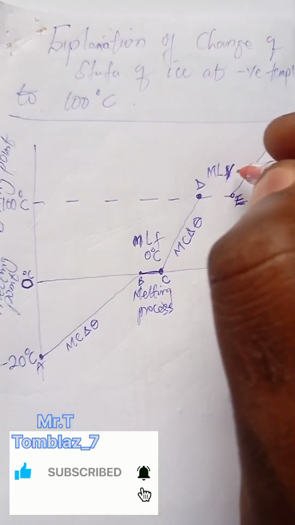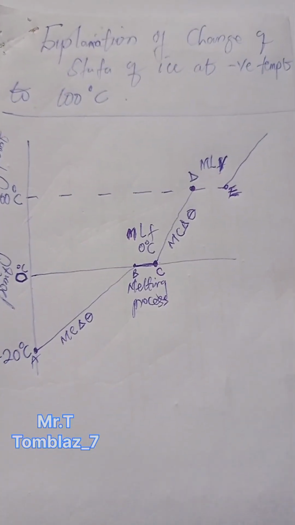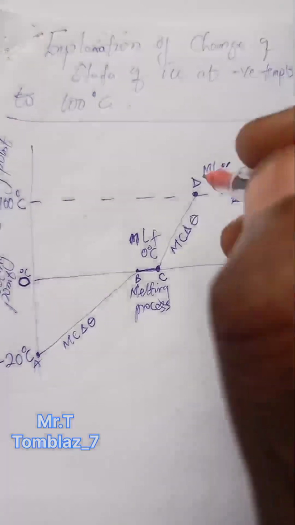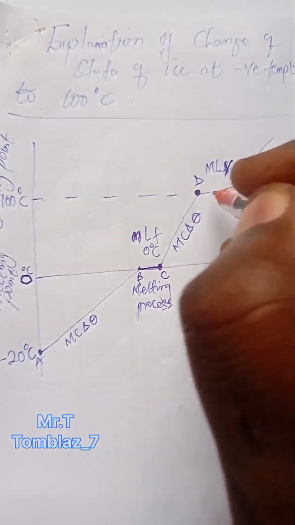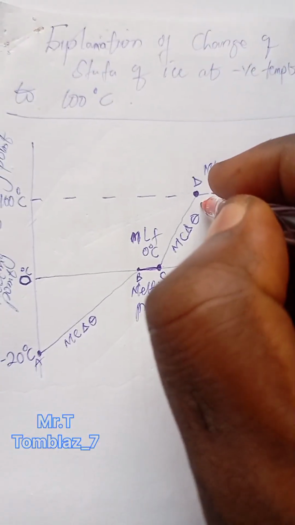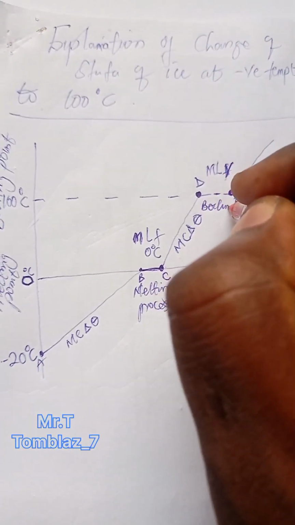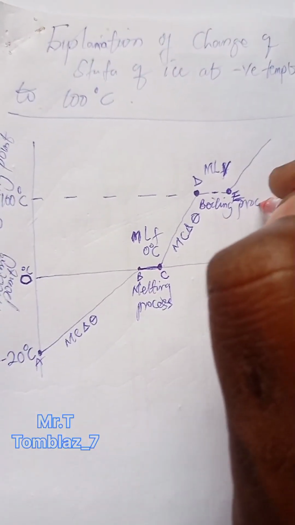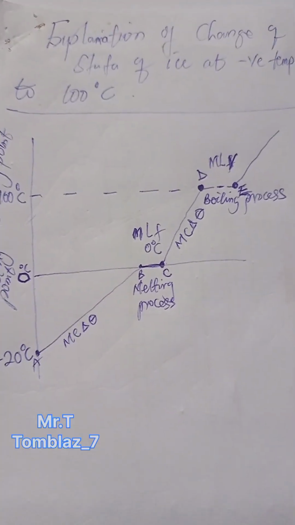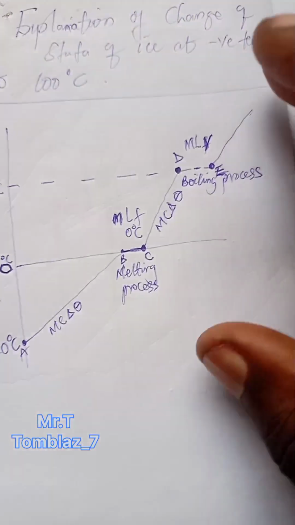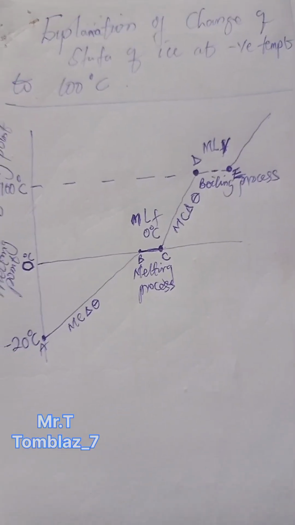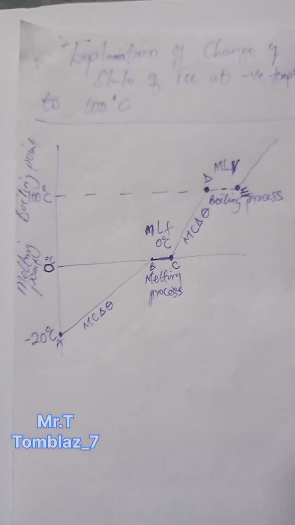Now this MLV is latent heat of vaporization. It is the heat that takes place in this boiling process. So at this point the water vaporizes. Is that okay?